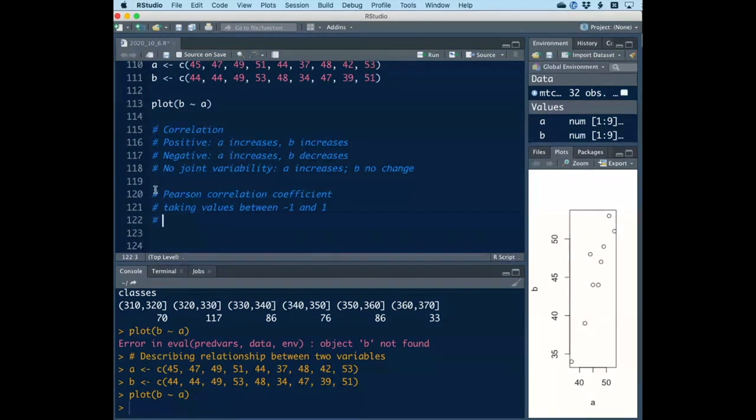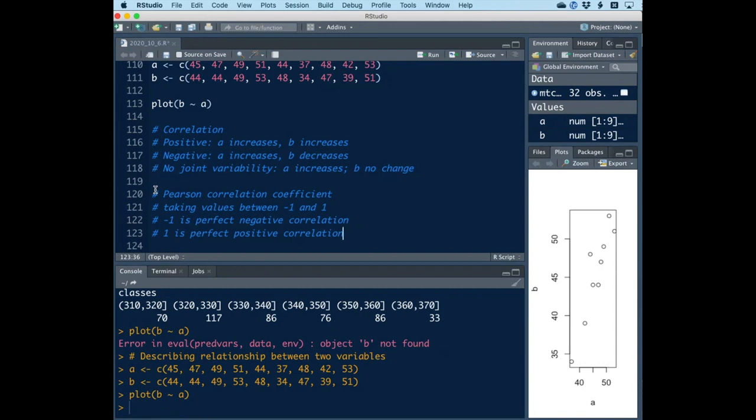So -1 is perfect negative correlation, right? So 1 would be perfect positive correlation. When I say perfect, I mean that the graph is a straight line and all the dots are in line, right? So the second variable changes according to the first one by the same amount.